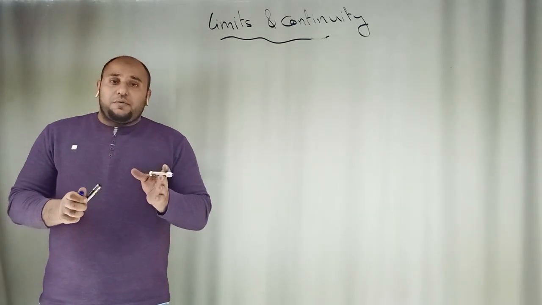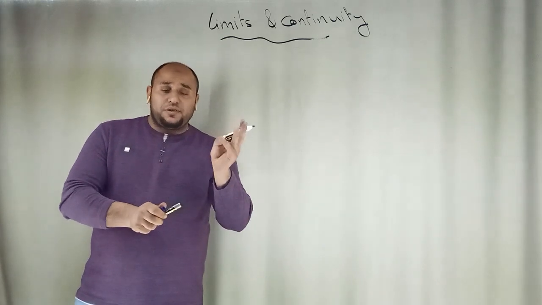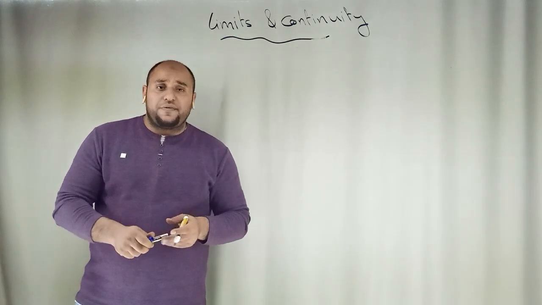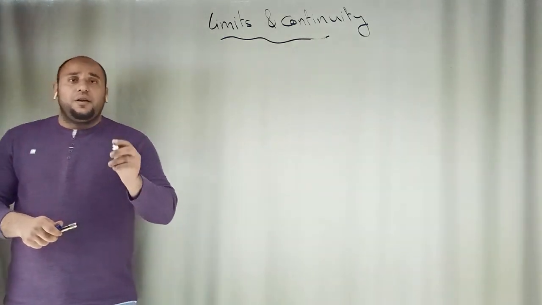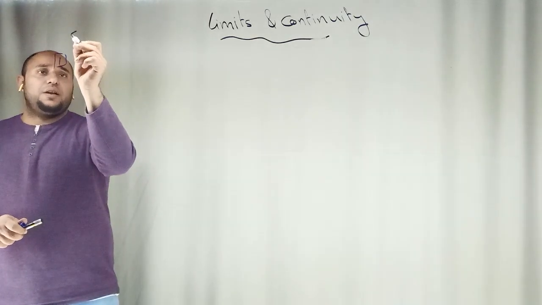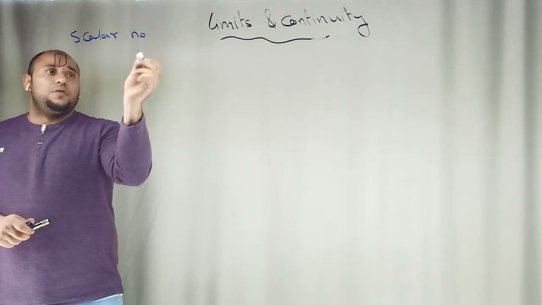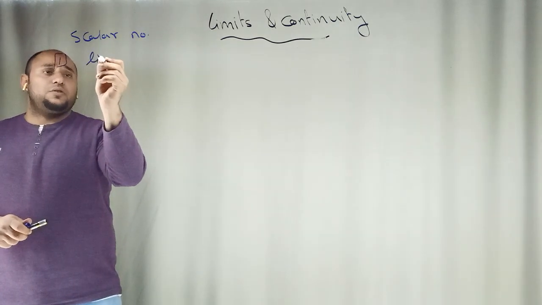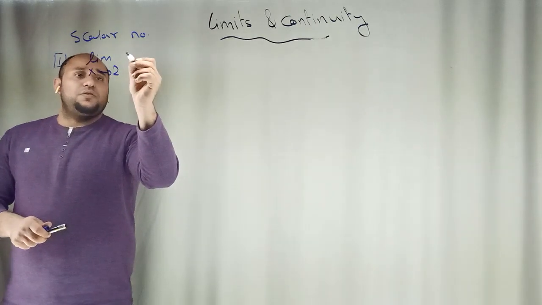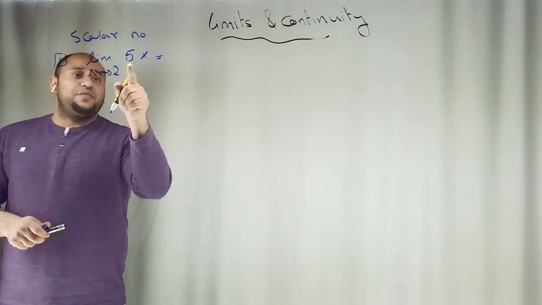Hey guys, some examples for these rules. I gave you four cases: summation, difference, multiplication, and fraction or dividing. If I take the first rule with the scalar number, when I ask to find the limit as x approaches 2 of 5x, I have a scalar number.